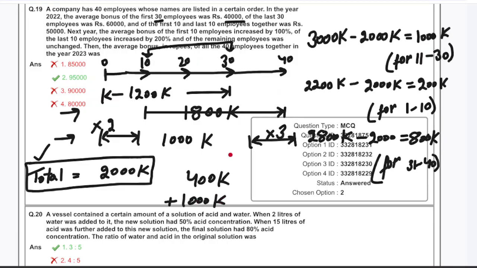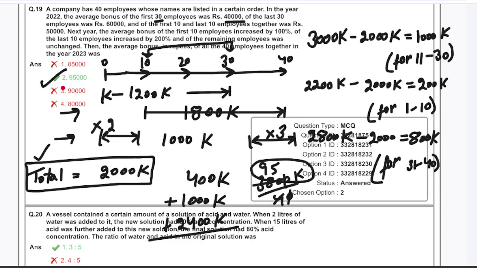And for 31 to 40, that became thrice. So that was 800 into 3, 2400. The total comes out to be 3800k divided by 40, because there are 40 employees. We get 4 into 9, 36, 95k. 95k, that means 95,000. That is the answer I get. Quite simple, doable.